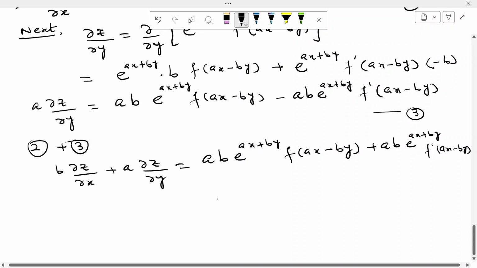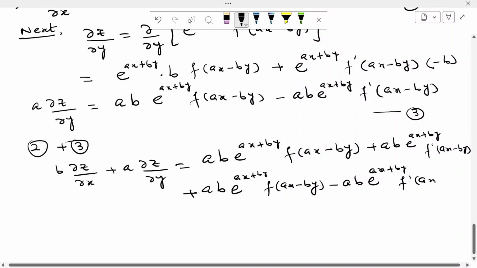So this is the value of b times del z over del x plus a times del z over del y. So this will be ab e to the power ax plus by f of ax minus by minus ab e to the power ax plus by f prime ax minus by.